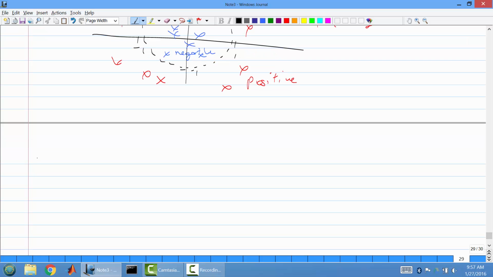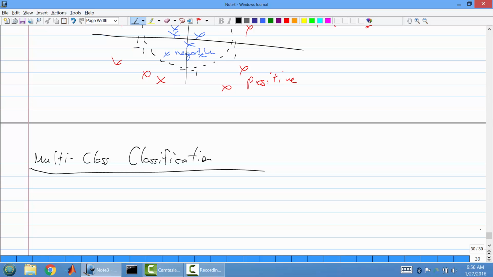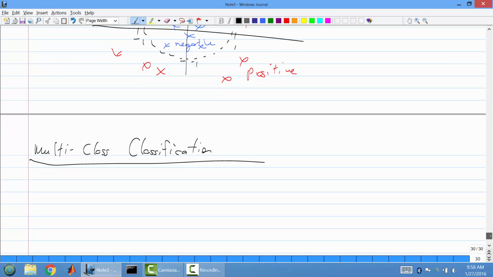Okay, multi-class. We haven't really talked about multi-class yet because we've only talked about the case where there's binary between true and false, 0 and 1, and so on. Okay? So far we have only talked about the binary case.